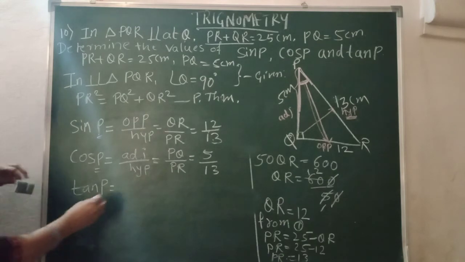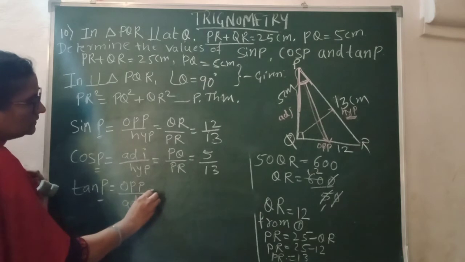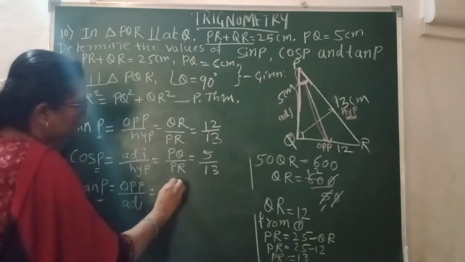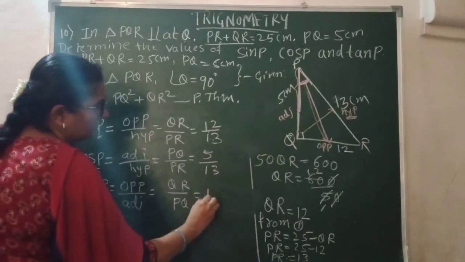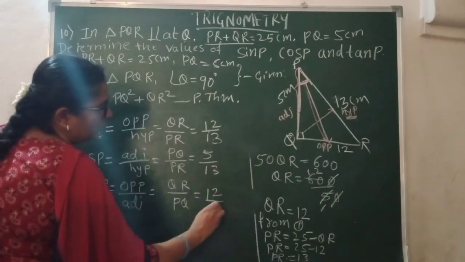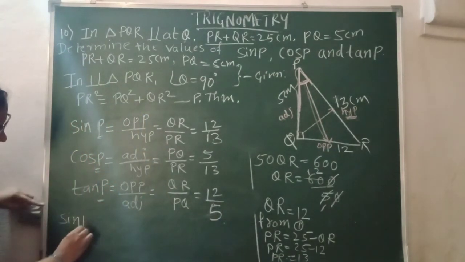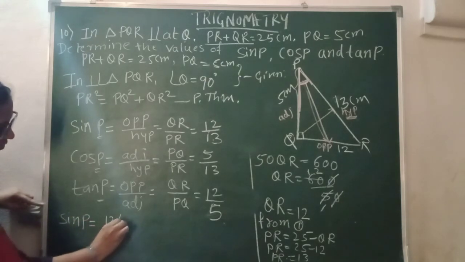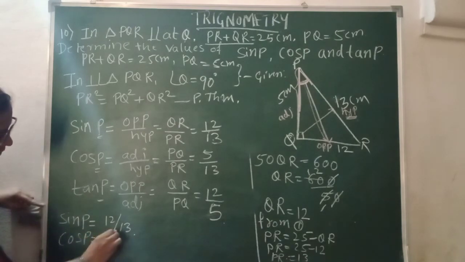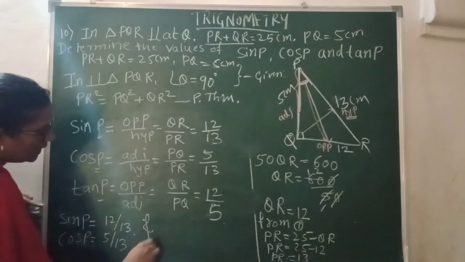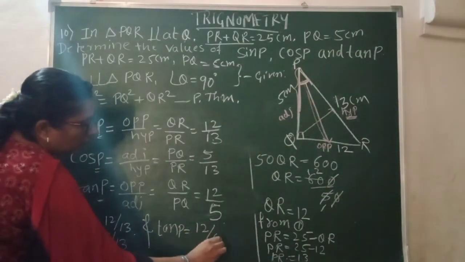Then tan P is given by opposite upon adjacent, that is QR upon PQ, so that is equal to 12 by 5. Here nothing gets cancelled, you keep them as it is. So to conclude, sine P is equal to 12 upon 13, cos P is equal to 5 upon 13, and tan P is equal to 12 upon 5.